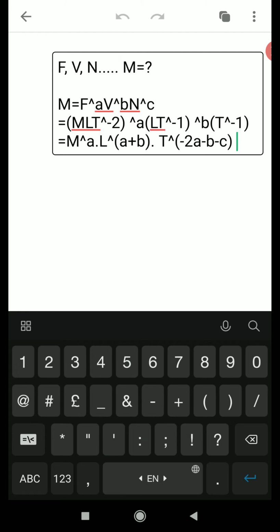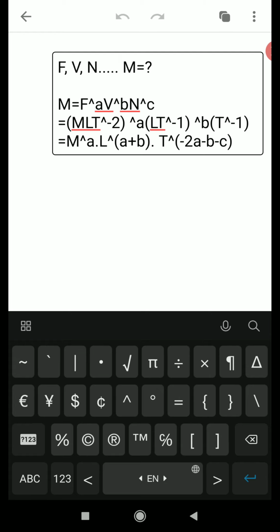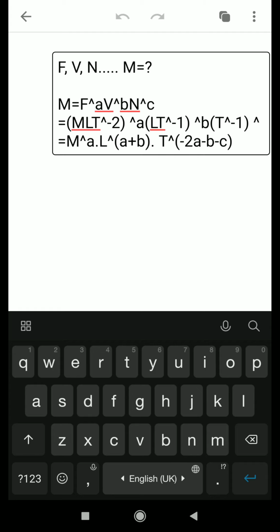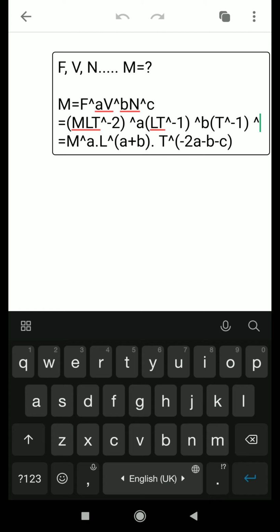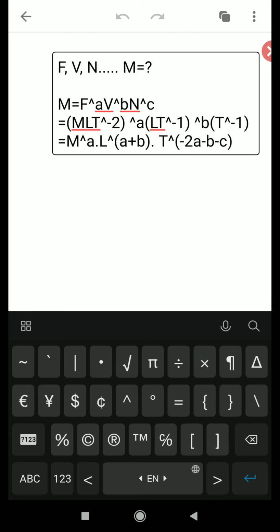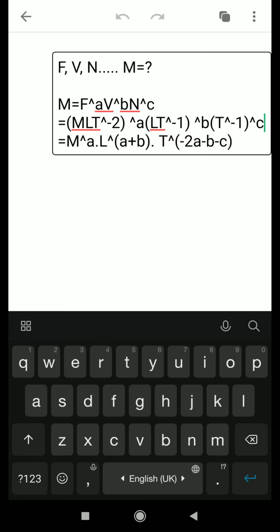Sorry, I forgot the c here, I will add it later. The frequency to the power c gives T to the power -1 to the power c. So it is M to the power a, L to the power a plus b, T to the power -2a minus b minus c.